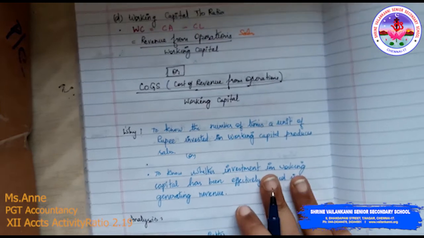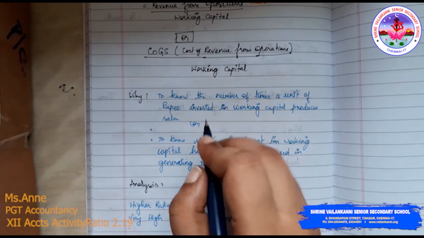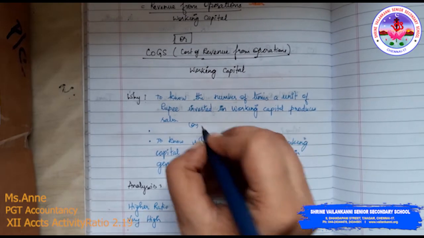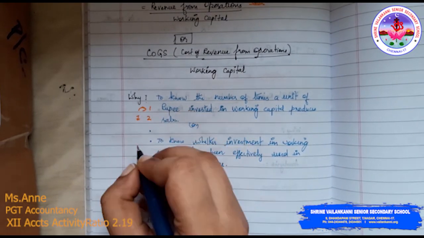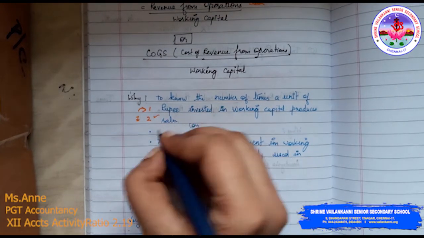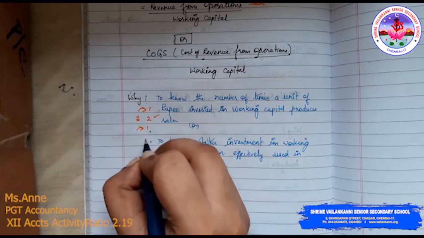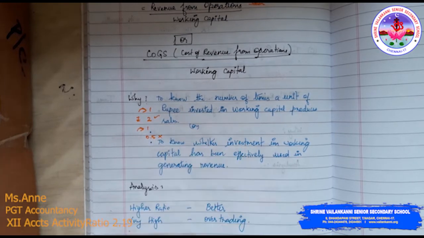Why do we prepare this? To know the number of times a unit of rupee invested in working capital produces sales. So when you invest rupee 1, if it produces 2 rupees of sales, then it is a good condition. If you invest rupee 1 and it produces only 0.5, then this is not a good position.